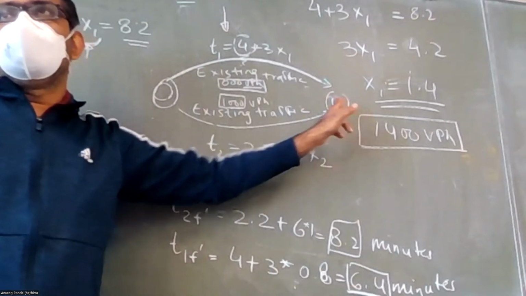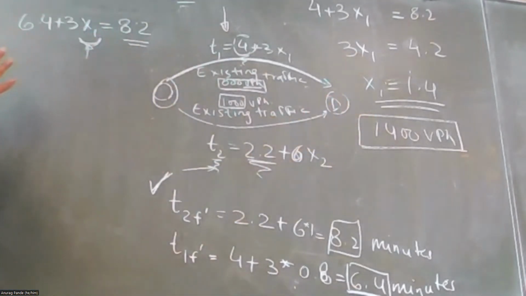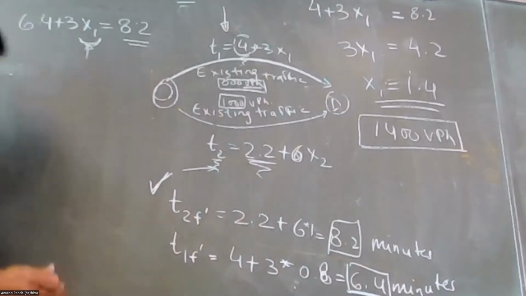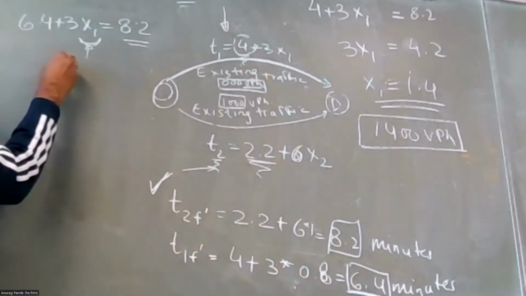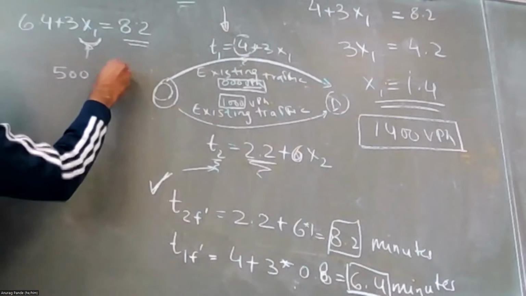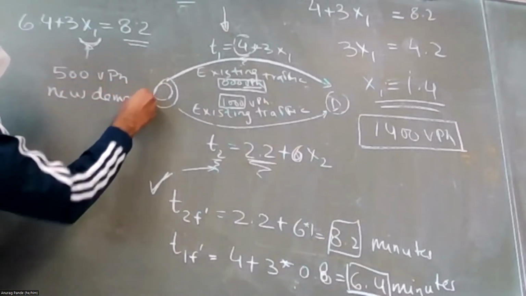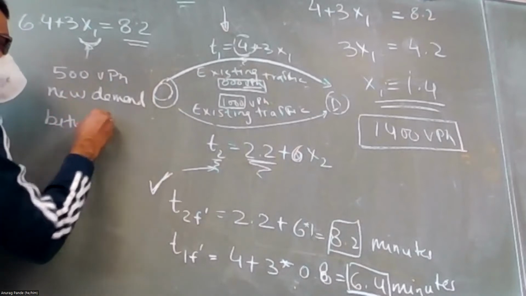Make sense? Because when you establish the equilibrium, let's say the demand was 500 vehicles per hour of new demand between the OD pair.